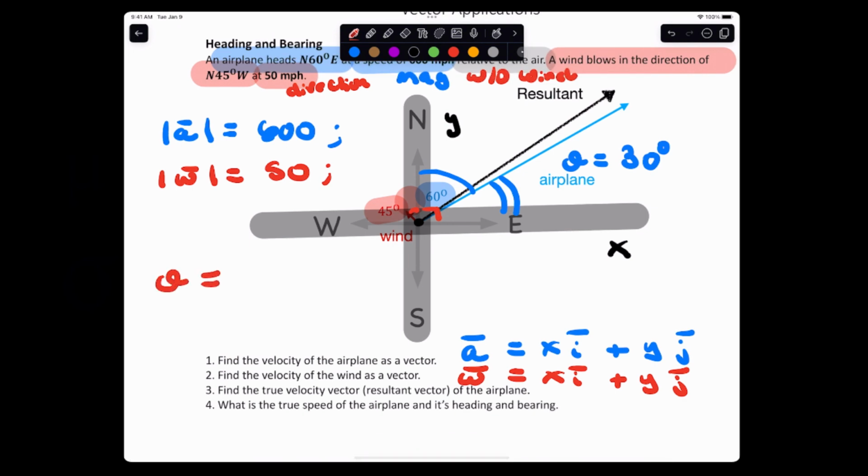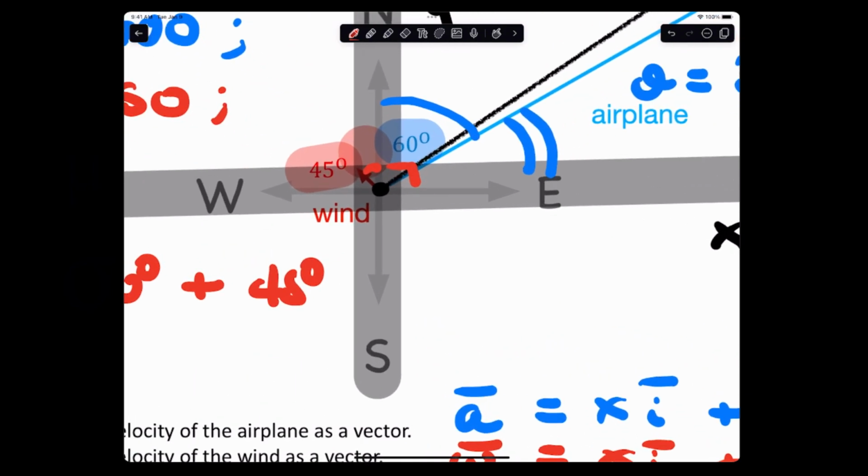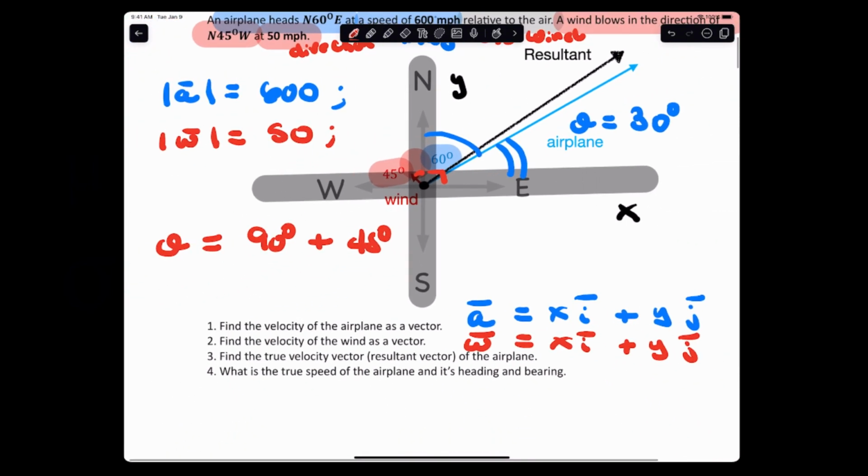Isn't that going to be the 90 degrees plus the 45 degrees right in here? And what does that equal? 135 degrees. Is that right?